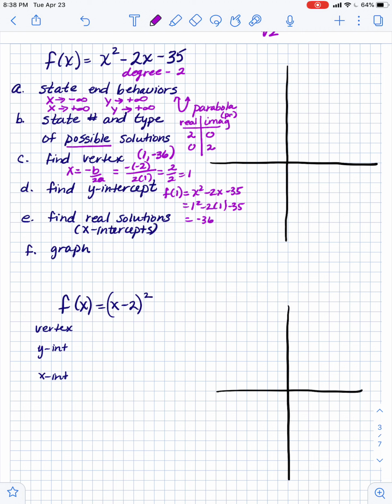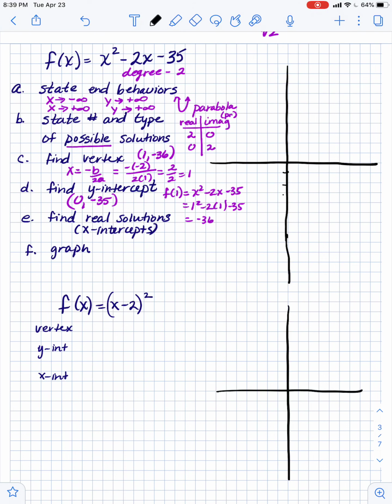Y-intercept, again, is your what number? Okay, so did you get 0, negative 35? So that does sound logical then, that my vertex is at, so I'm going to go ahead, and since I've got some really weird numbers here, I'm going to go by 5s, okay?